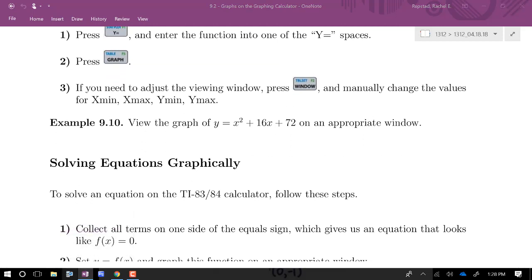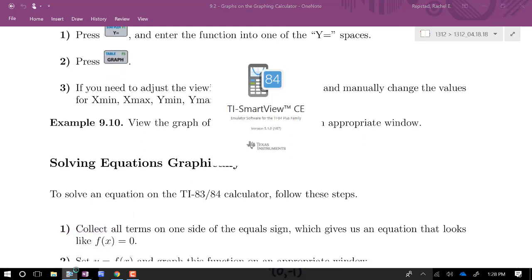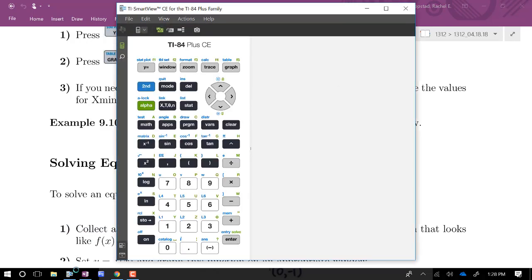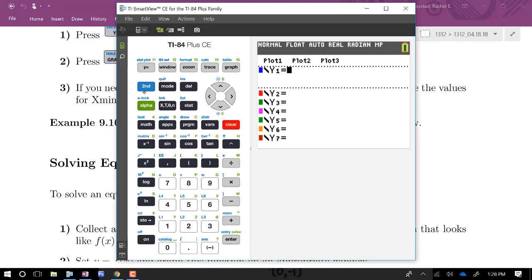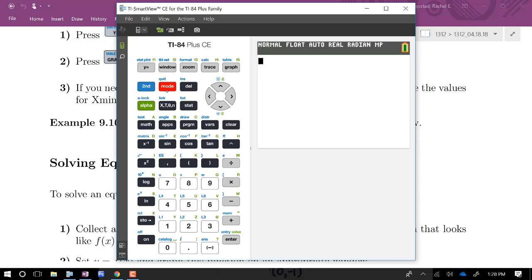So if you have a calculator, let's get it out. And if you're going to enter a function, just hit the y equals button. You might have some other functions in there, and that's okay.